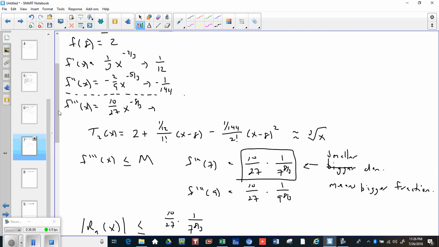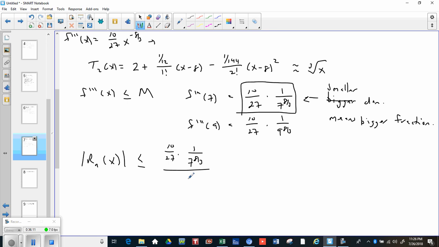Well, we went to a second degree Taylor polynomial, so our next one will be a 3 factorial, and then the absolute value of, in this case, our x value that we used was 7, right? So 7 minus 8, so it's negative 1, but it's to the third power because it's our third degree term.